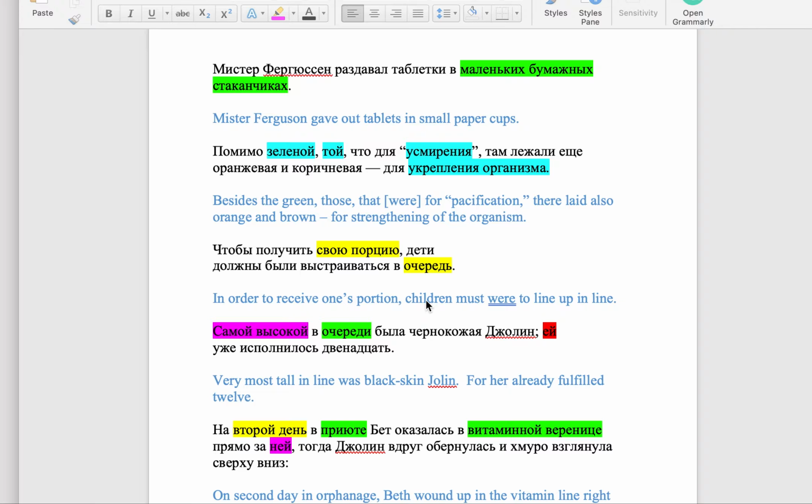And you should also note here that all of these highlights are turquoise, meaning that these are all in the genitive case. So помимо is the trigger word, which basically means besides. So besides zelonoi, besides the green one, and toi, basically from the word tie or those, and it turns into toy.